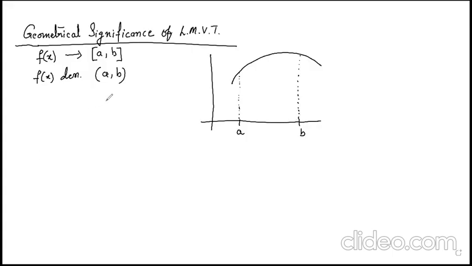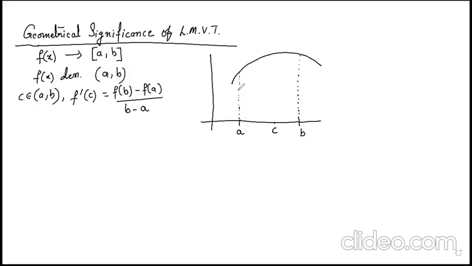Now the next condition: if these two conditions hold, then we must get a point C somewhere between A and B. Say this is your point C, for which f dash C must be equal to f(b) minus f(a) divided by b minus a.